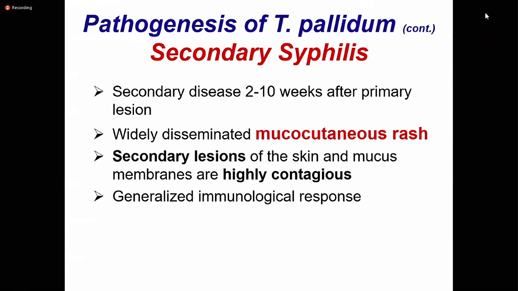Now we go to the secondary stage. I have put it here as a PowerPoint, but this actually appears about 10 weeks after the primary lesion, and is usually disseminated, a mucocutaneous rash, and the secondary lesions of the skin and mucous membrane are highly contagious.